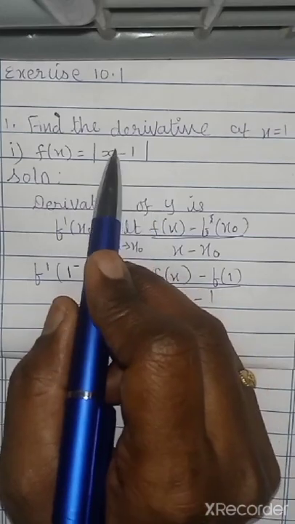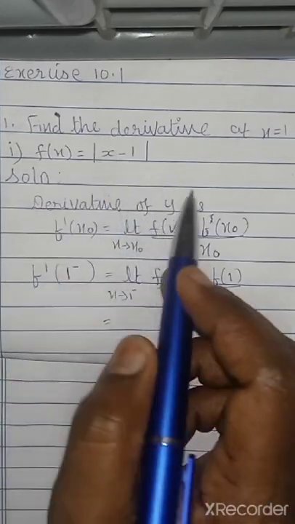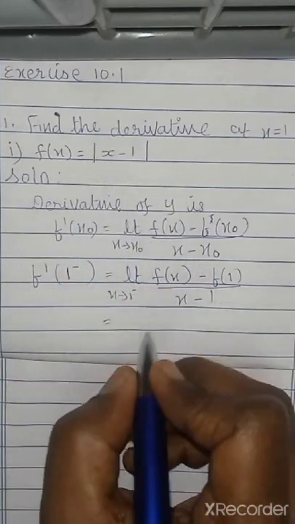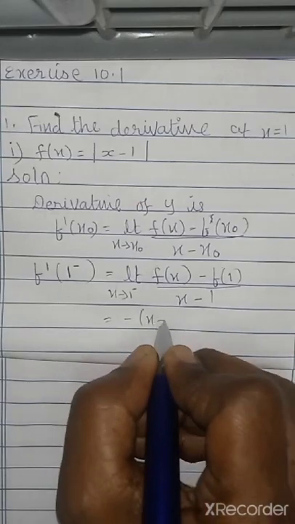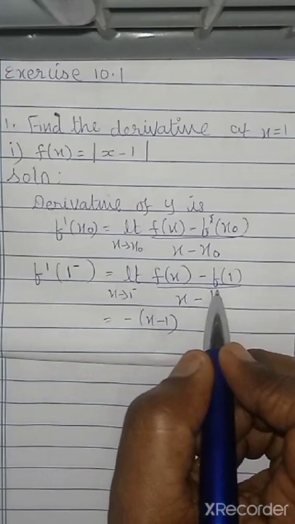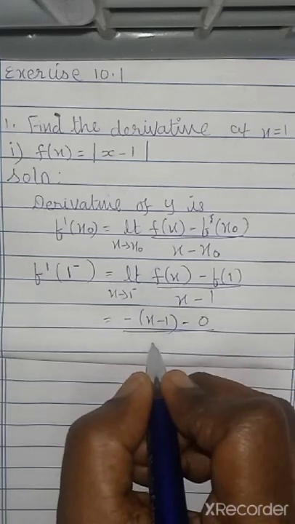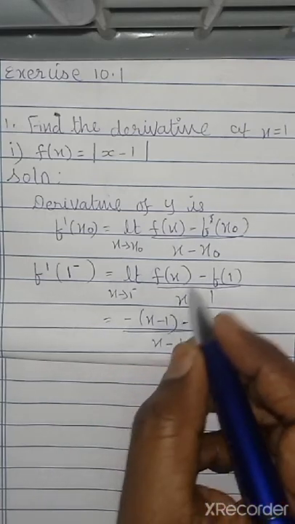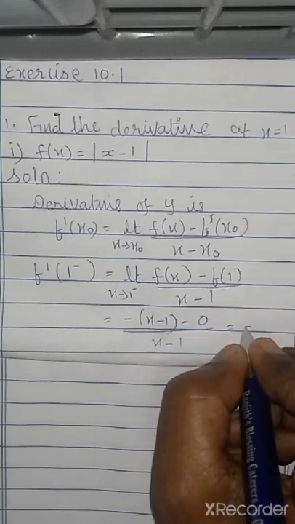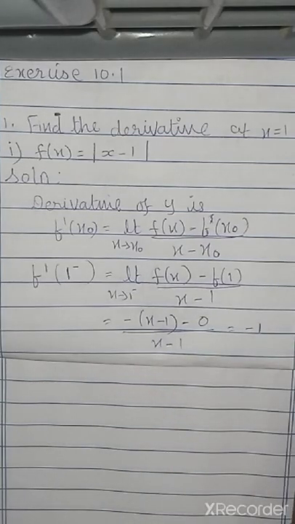Mod x minus 1. So left of x equal to 1, this mod will become negative. So minus of x minus 1. f of 1 we don't have a value, so minus 0, divided by x minus 1. So x minus 1 will get cancelled. What is the answer? Minus 1.